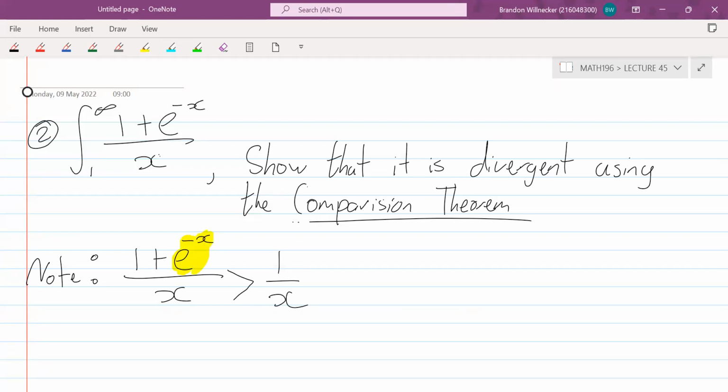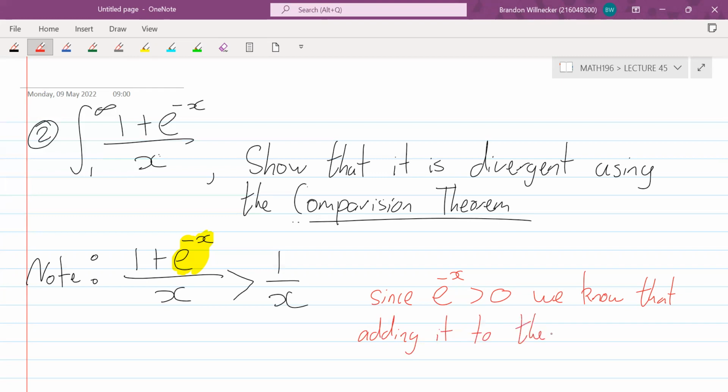Okay, so since e to the minus x is always greater than 0, so e to the minus x is strictly positive, we know that adding it to the numerator must make it bigger.